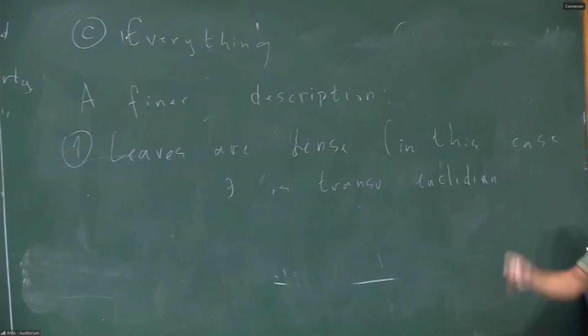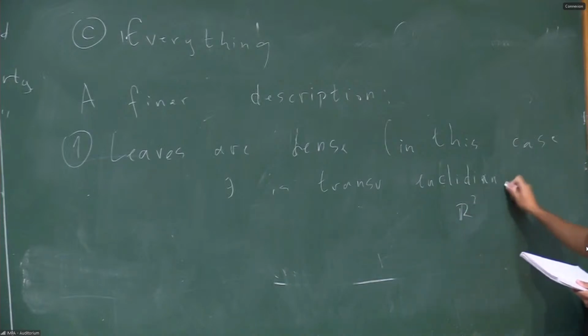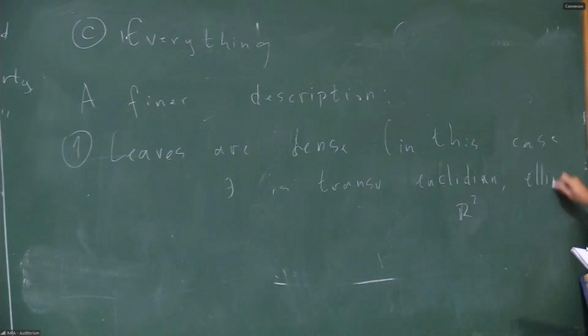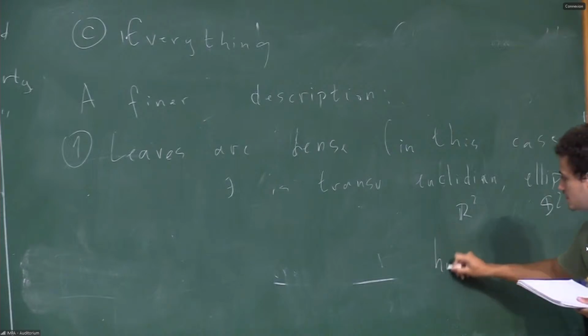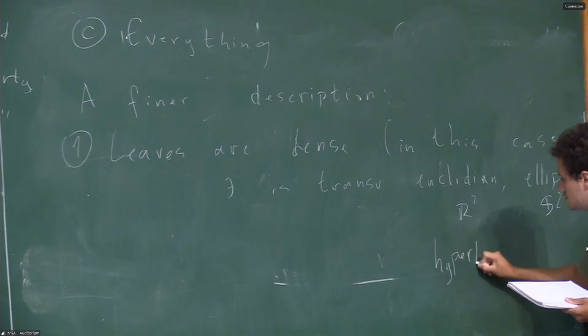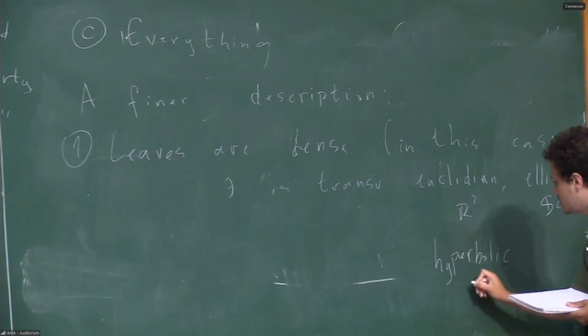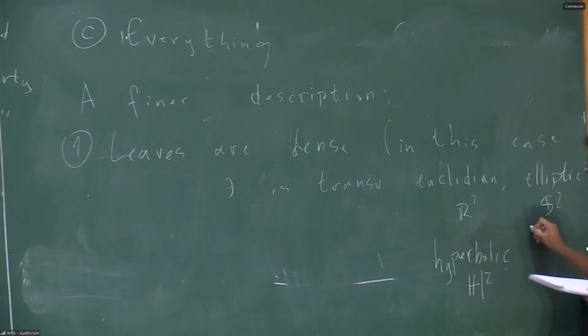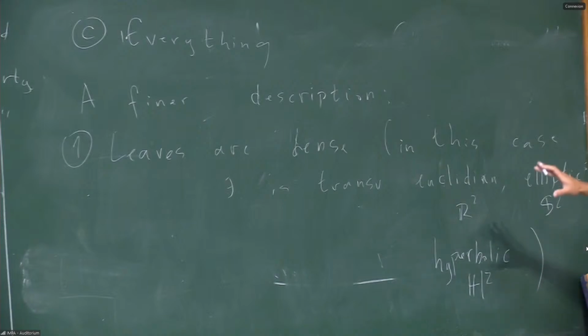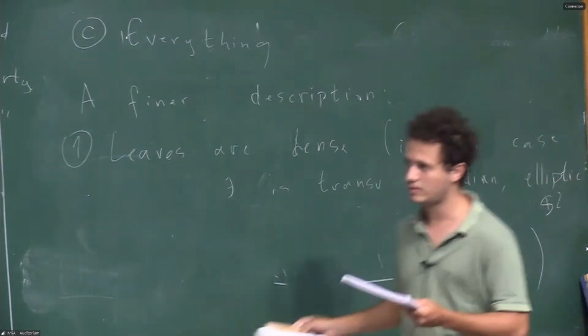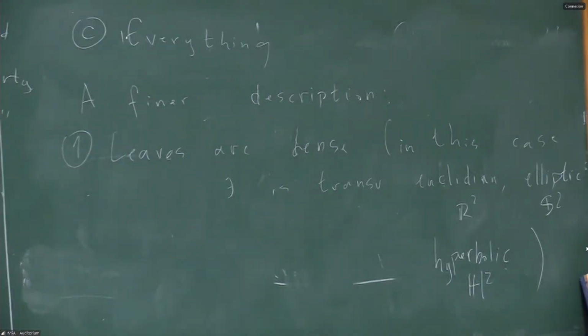In which case the manifold N over which we have the submersions is R^2, or elliptic, in this case S^2, or hyperbolic, which is the case we want to show, H^2. Okay, so this is one possibility, and we have other three which we will rule out.